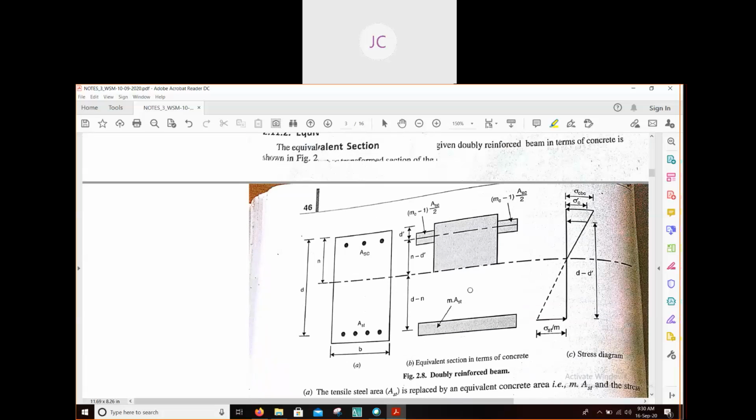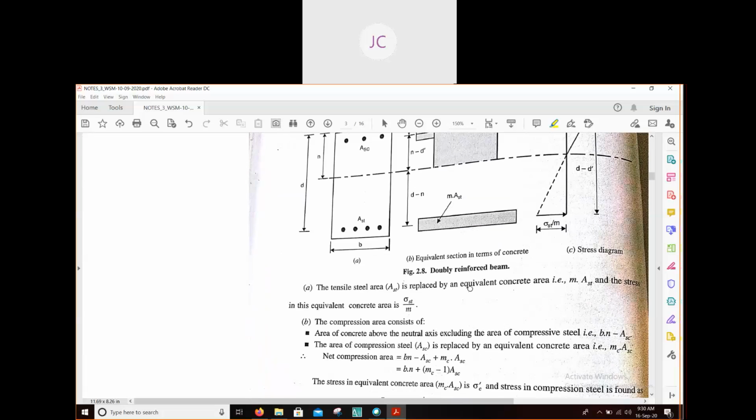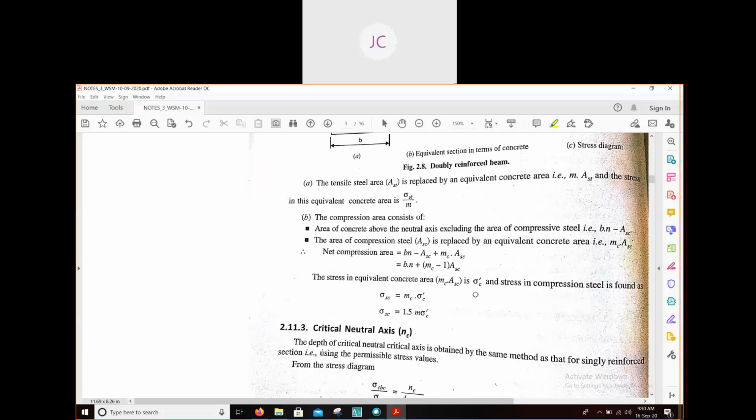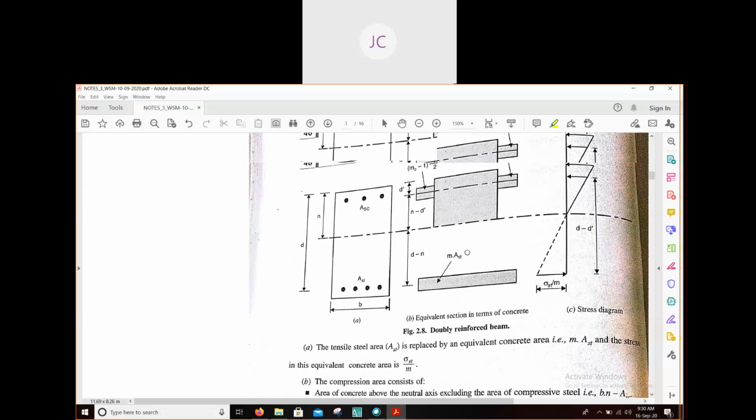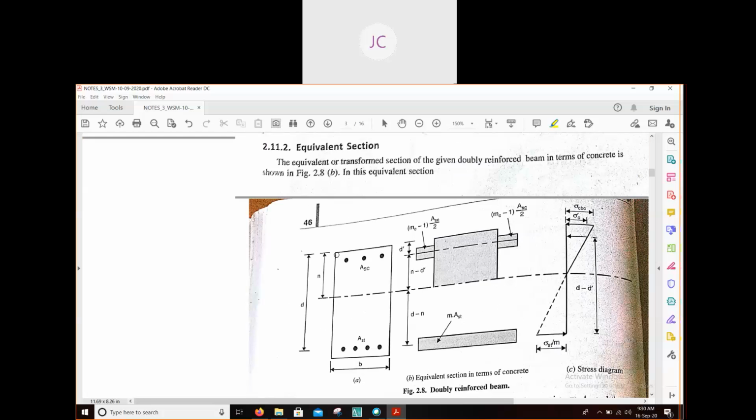Next, here you have to see the compression area. This part is the compression area. This is our compression part above the neutral axis. This portion is called our compression zone, because above the neutral axis, we all know that compression will develop.